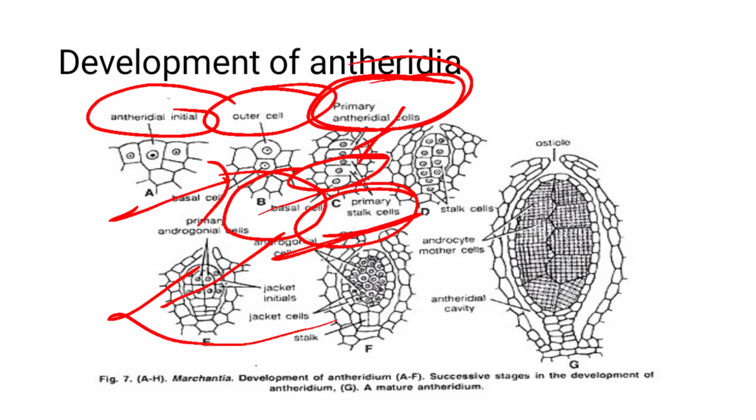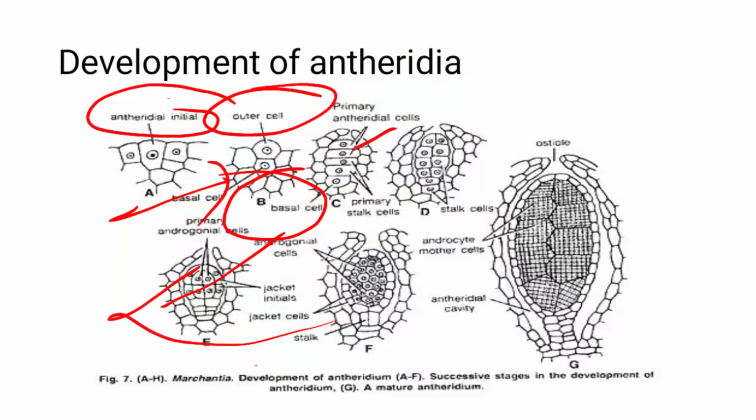The stalk cells undergo multiple divisions and form a number of multicellular short stalks, whereas the primary antheridial cell undergoes two anticlinal divisions and two periclinal divisions, and they form the 8 cell stage.